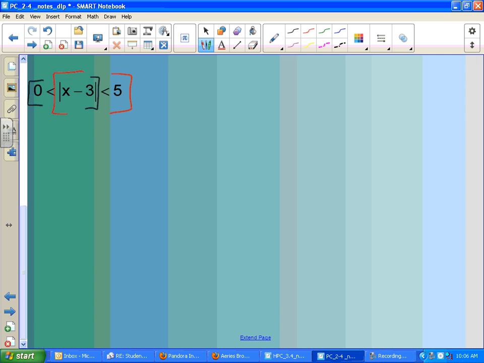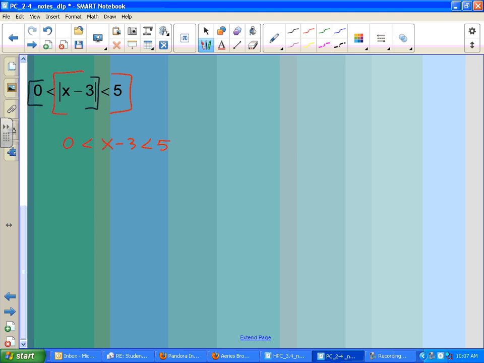And because it's set up this way, we are able to set it up like this. So x minus 3, I get rid of the bars because I now am talking about positive or negative guts. So we're going to be less than 5, greater than 0. And that's the positive gut part.